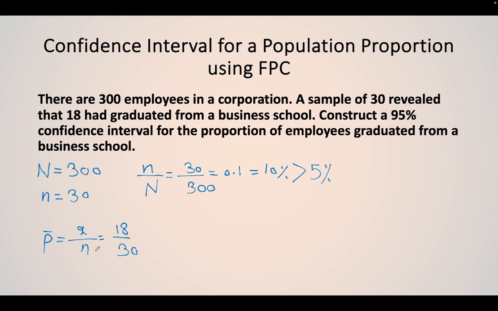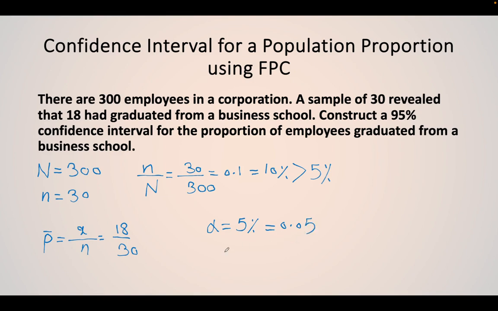Out of these 30 employees in the sample, 18 had graduated from a business school. So it's the sample proportion, P bar. We need to construct a 95% confidence interval. Alpha would be 1 minus 95%, or 5%. Alpha is 5% or 0.05.